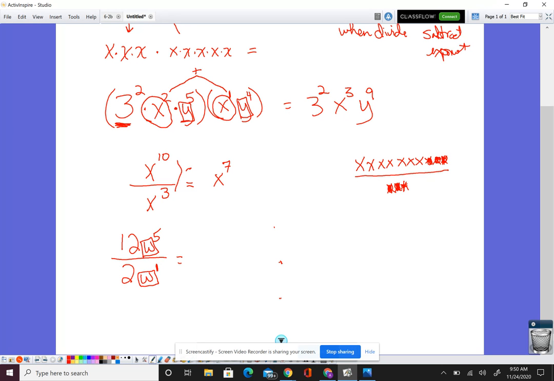It's always going to be a 1 if you see that letter. So we have w to the 5th divided by w to the 1st. So 5 minus 1 is 4. That gives us w to the 4th. Now the numbers work exactly the same way as normal numbers work. 12 divided by 2 is 6. So 12w to the 5th divided by 2w is going to equal 6w to the 4th.